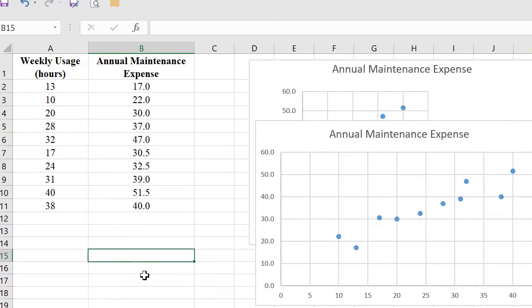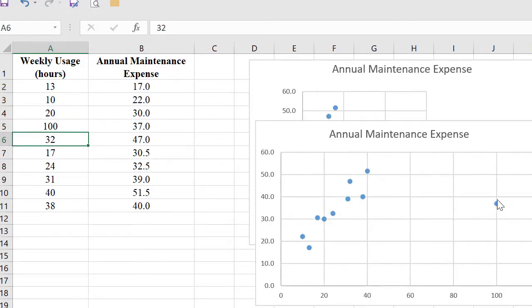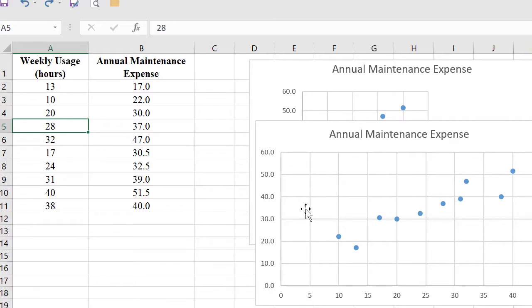Sometimes though, when you're laying out your data, you don't know which is X or which is Y. If the data is listed this way, what you could do is literally go in here and type in a big number. This one changed to 100, so this must have been the X column. I'll hit Control Z, and that brings it back.